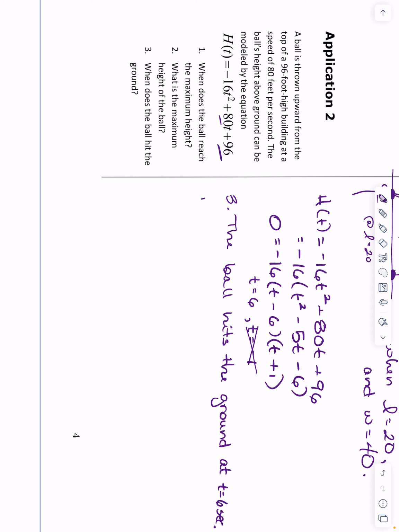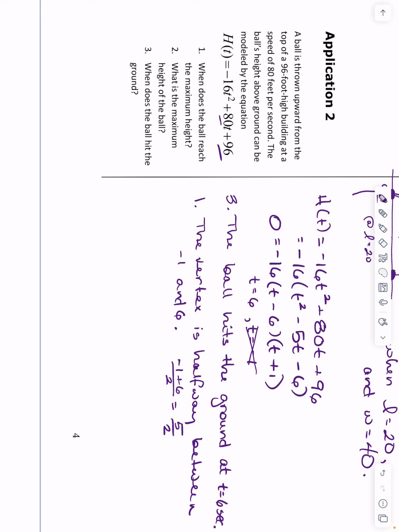So now I'm going to go back and answer 1. I need to find the vertex, which is going to be halfway between -1 and +6. Two and a half seconds.